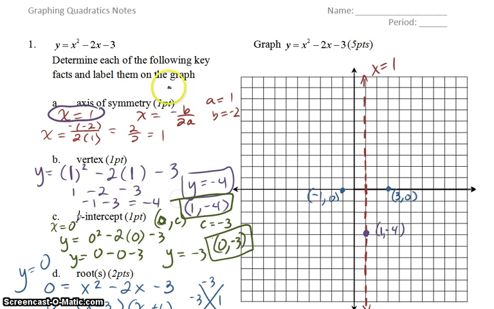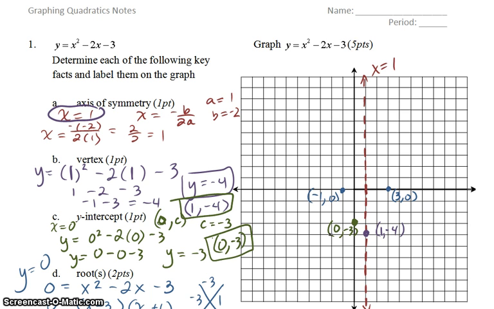I'm just going to mark everything I needed. So we've got (0, negative 3) right at the y-axis. I don't go left or right, and down 3. And it also says label, so I'm going to label that (0, negative 3).